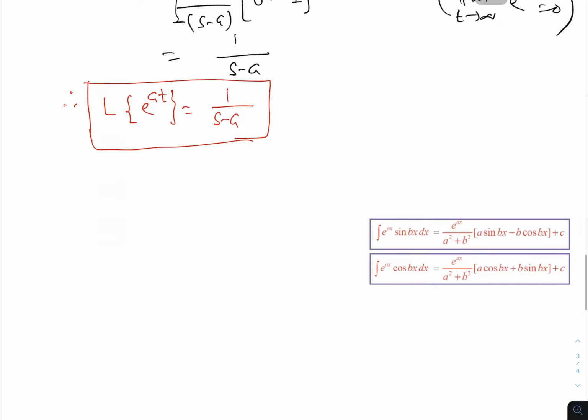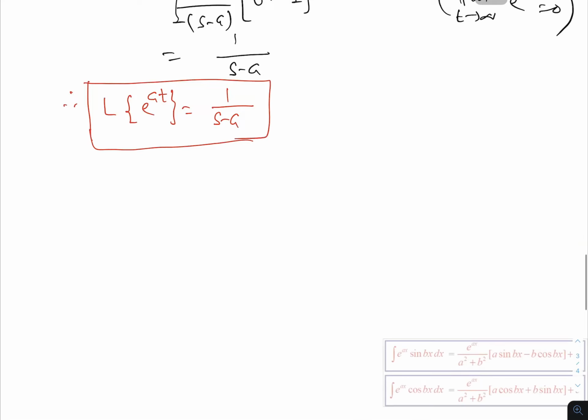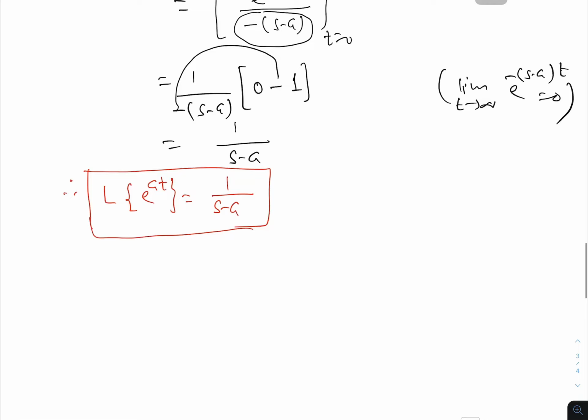And if somebody asks the Laplace transformation of e power minus at, just a changed to minus a, then that is nothing but 1 over s plus a.